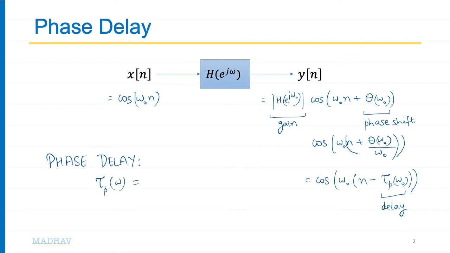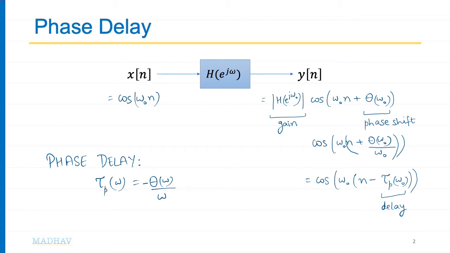So tau p as a function of omega is negative theta omega upon omega. Theta omega is the phase response of an LTI system at a frequency omega, and if I divide it by omega, okay, theta omega is the phase shift, right? How much my phase is changing.